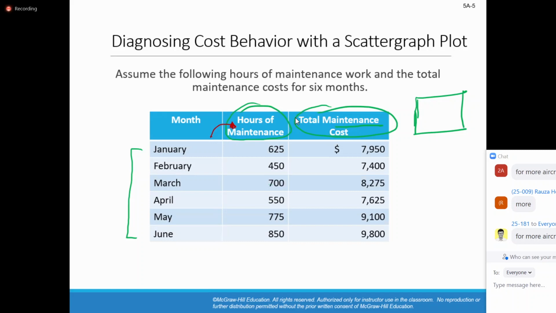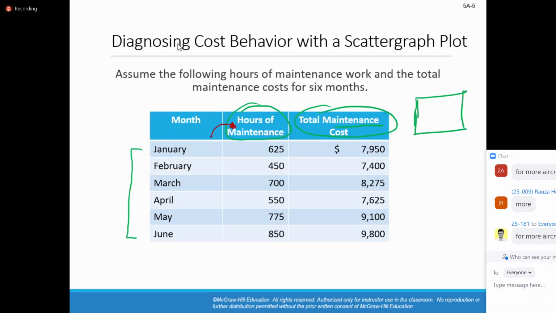For more aircraft, you need more maintenance hours, you need more maintenance cost. So hence we can expect that the maintenance cost will go up and will go down when the hours of maintenance will go up or will go down.